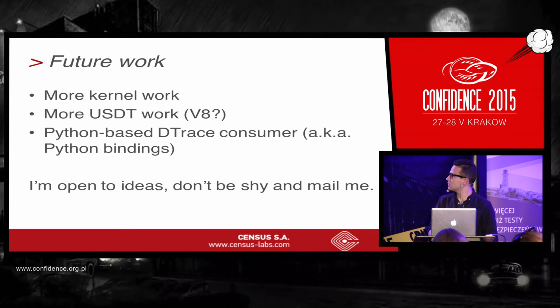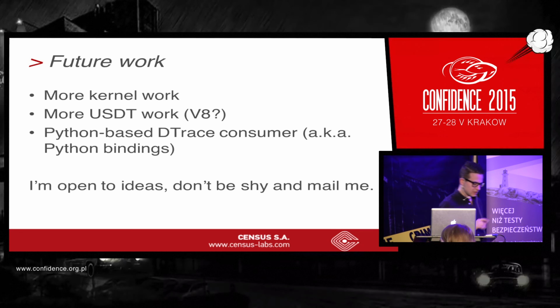And future work: more kernel work, more USDT work. I want to see something like this for V8. V8 is the JavaScript engine for Chrome. So I would like to see a similar tool for Mozilla Firefox, for Chrome, or maybe even for Safari. Also a Python-based DTrace consumer, which would be Python bindings.